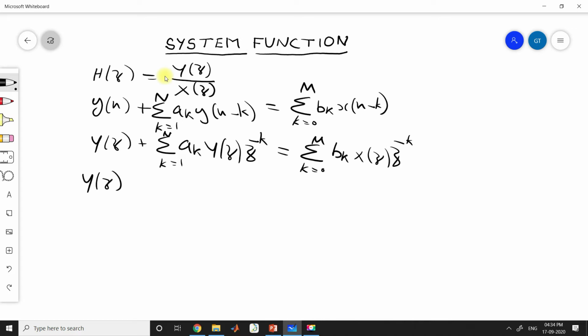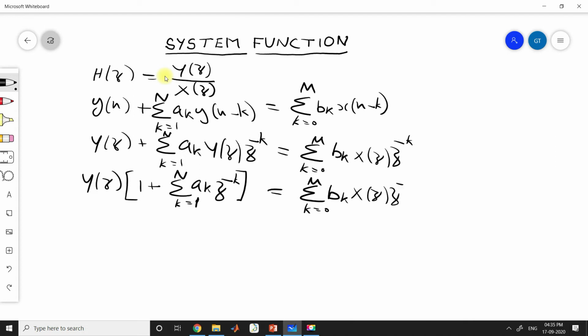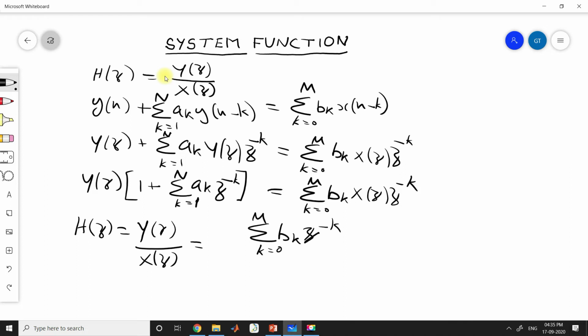Now we can take Y of z as the common factor so that the term will become 1 plus sigma k equal to 1 to n ak z raised to minus k, which is equal to sigma k equal to 0 to m bk X of z into z raised to minus k, from which the system function H of z can be obtained as Y of z by X of z, which is equal to sigma k equal to 0 to m bk z raised to minus k all divided by 1 plus sigma k equal to 1 to n ak z raised to minus k. So this is the system function.